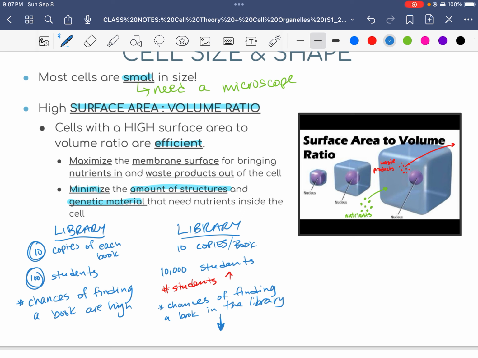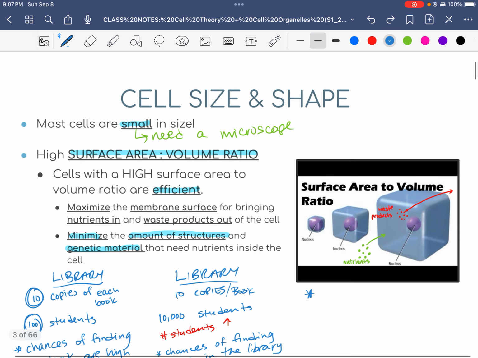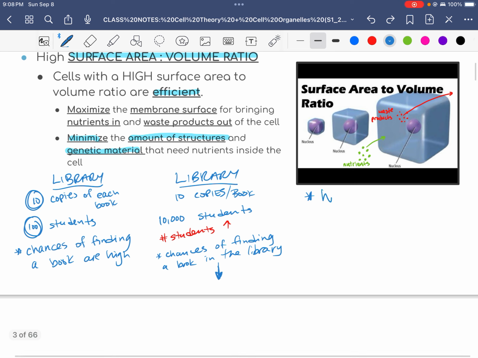So that's the thing to remember: when a cell increases in size, its DNA remains the same.